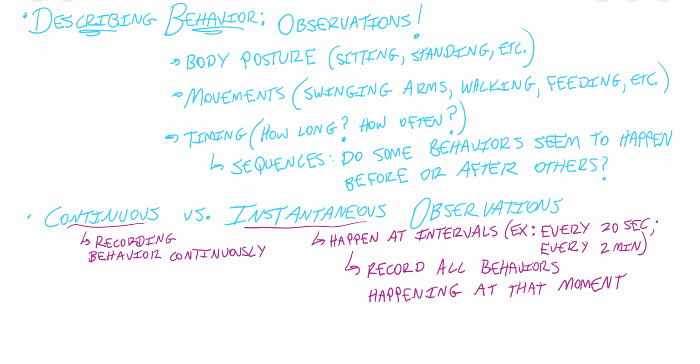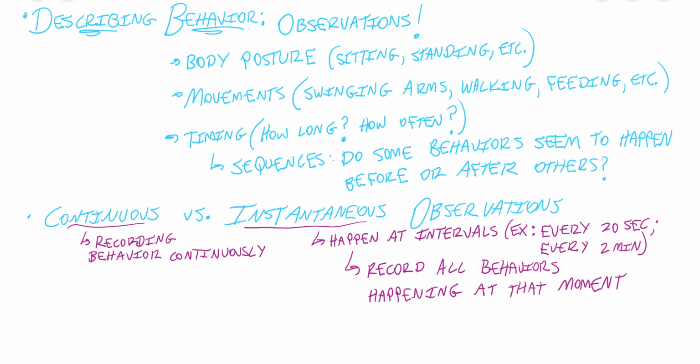Right? So the way you would do this in the field when you're collecting data is you'd have a timer set on your watch. It would go off, say, every 2 minutes. Each time it goes off, you write down every behavior you see happening at that moment. Then you wait another 2 minutes. You don't collect any data during that time.